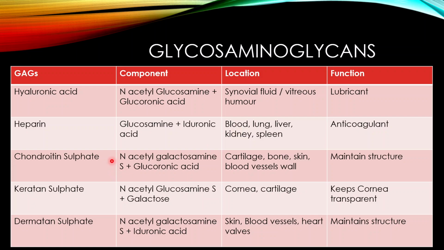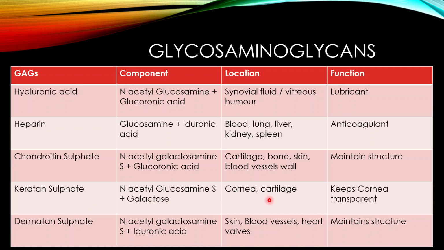Next we have chondroitin sulfate, which is made up of N-acetyl galactosamine and glucuronic acid, and it is present in cartilage, bone, skin, and blood vessels, and it maintains the structure of all these. Next we have keratan sulfate, which is made up of N-acetyl glucosamine sulfate and galactose.